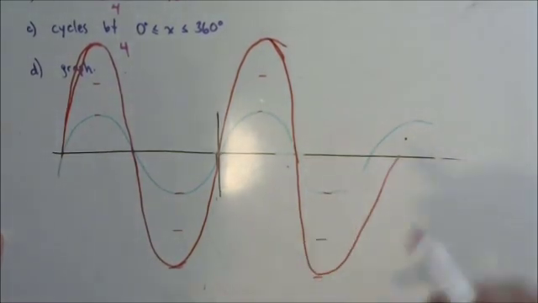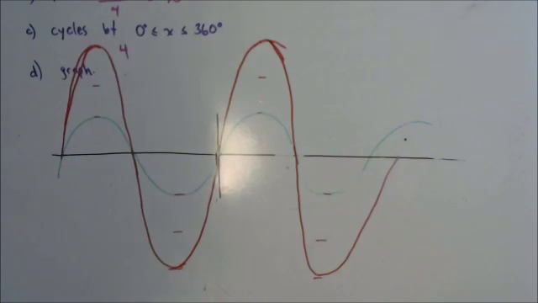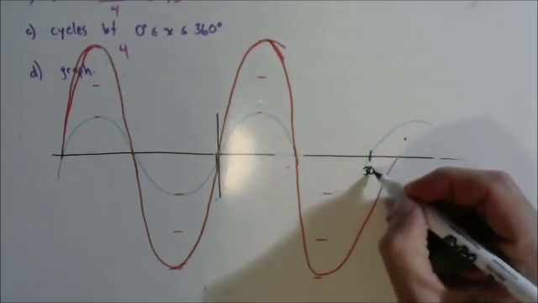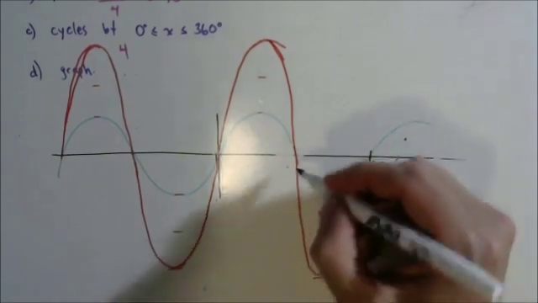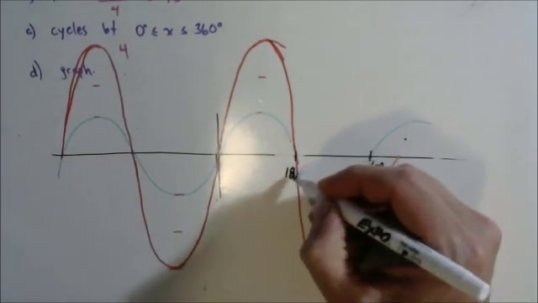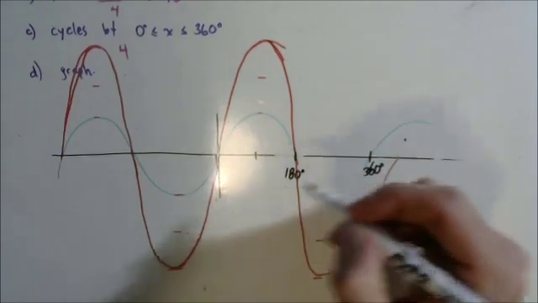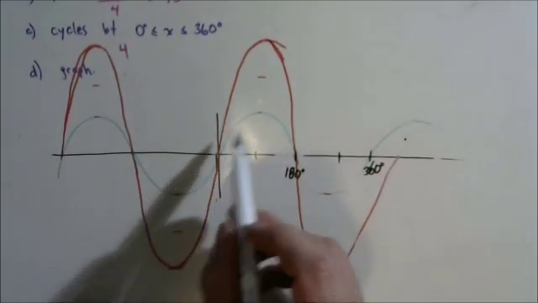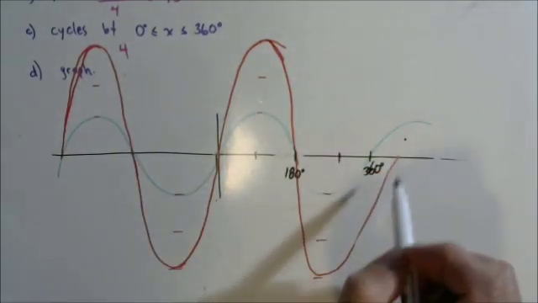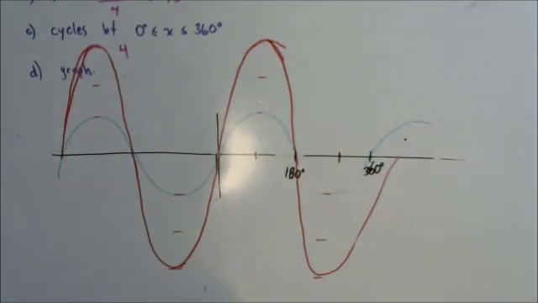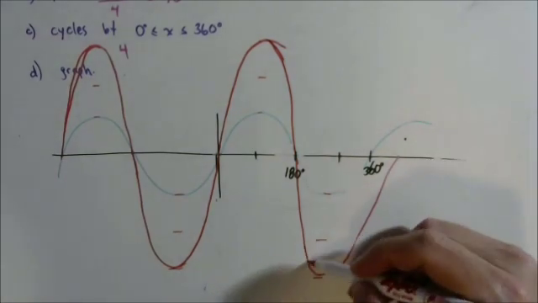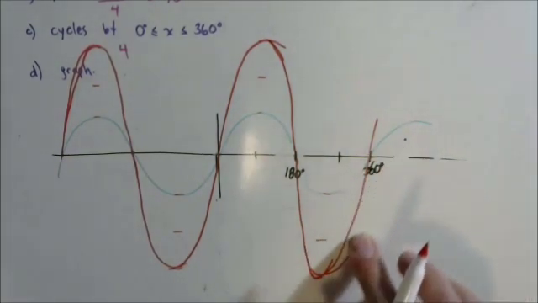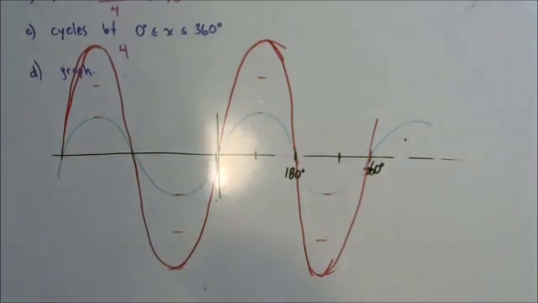So here, if I'm taking our original, this is 360 degrees. This right here is 180 degrees, which makes this 90 and this 270. So you can see in green and red, though we've stretched it vertically, we're still completing one full cycle between 0 and 360.